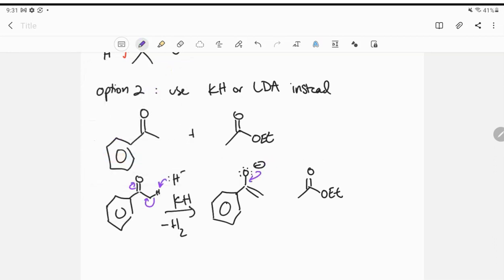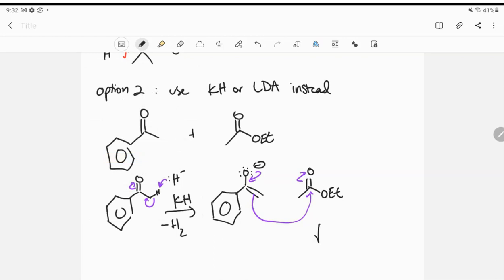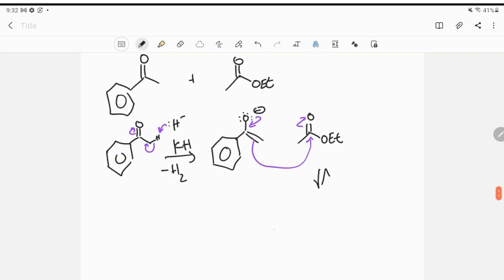Once we put it in, I'm going to come in here, pop open the ester. So now we have this tetrahedral minus.